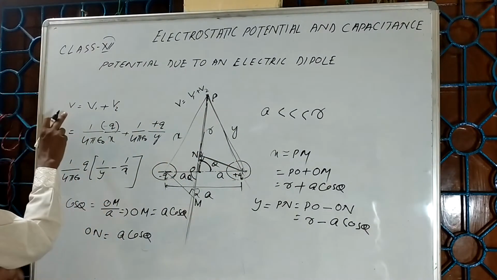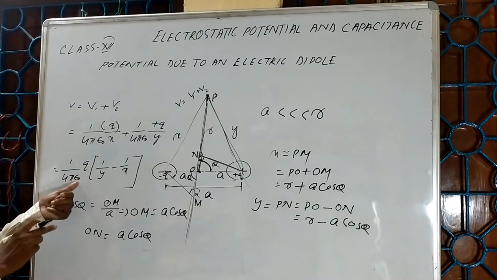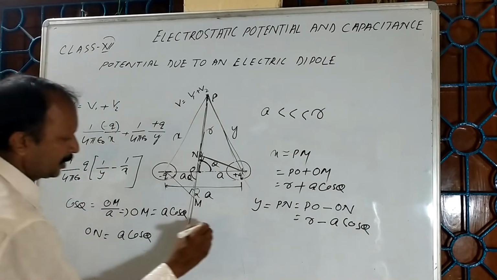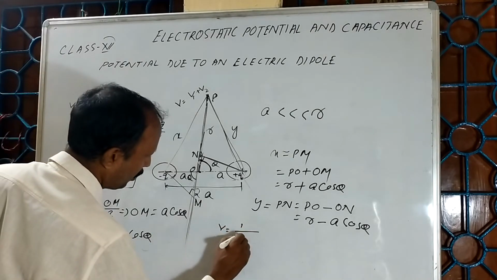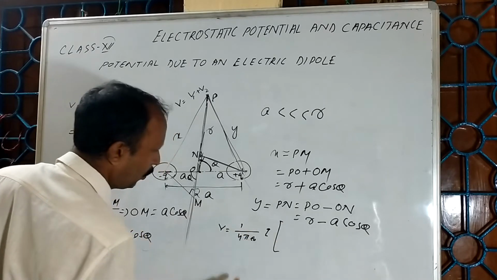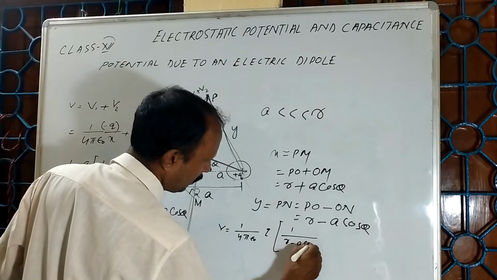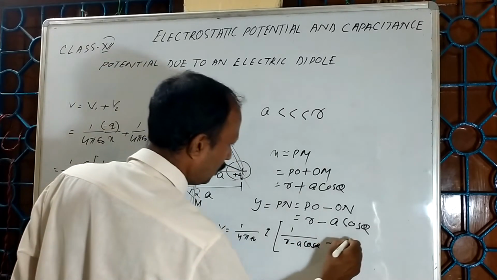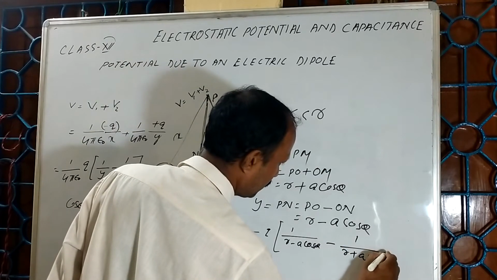Now V is equal to V1 plus V2. I got 1 upon 4 pi epsilon naught q into 1 by y minus 1 by x. So this V is equal to 1 upon 4 pi epsilon naught q into 1 upon r minus A cos theta minus 1 upon r plus A cos theta.